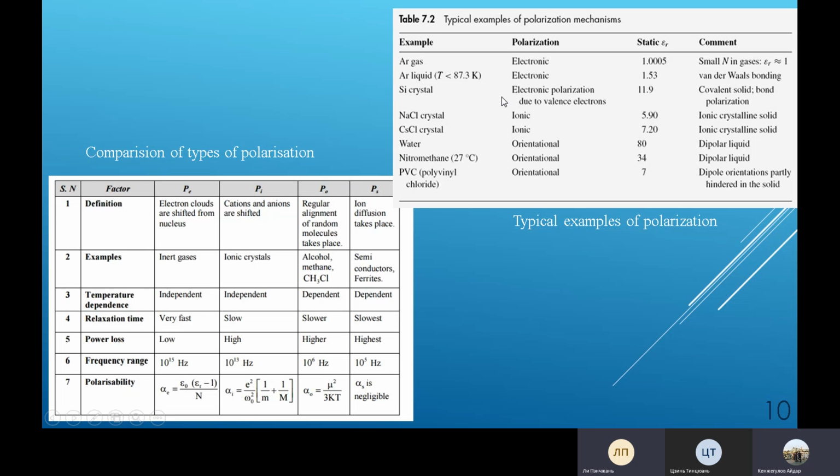This table also shows examples of polarization. For example, argon gas is electronic polarization. Water is orientational. A natural crystal is ionic. And the PVC polymer material is orientational polarization.